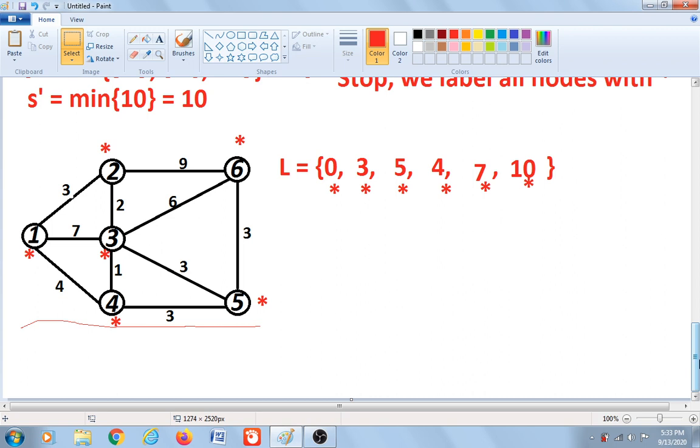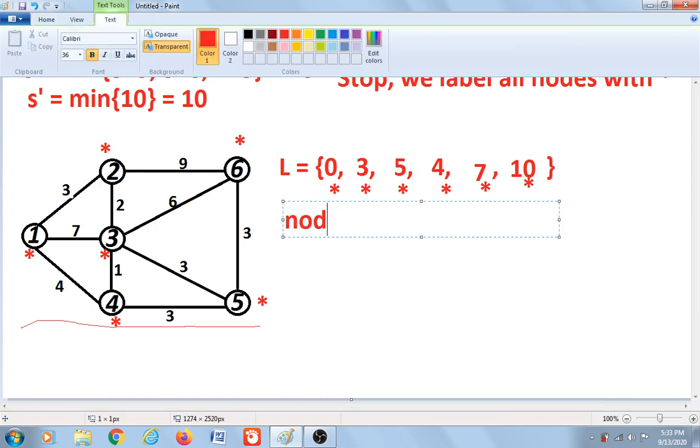In order to determine the route, we need to do it backward. So we're going to start from node number 6. From node 6 we can go backward, I mean 6 to 5, 6 to 3, and 6 to 2.